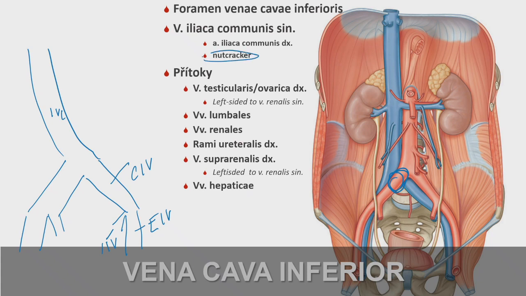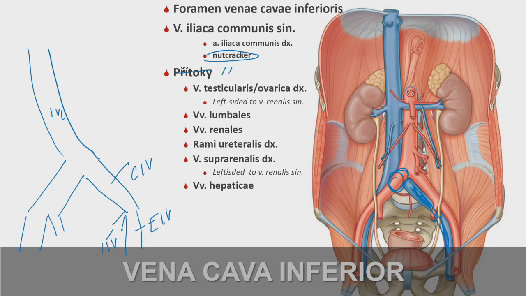And it is called nutcracker syndrome because the vein could be compressed and here thrombosis of the vein could occur. That's not too rare a syndrome because it's compressed and then the patient has a hypercoagulable state after delivery, after some surgery, after some congenital factors. So then thrombosis could occur here, more frequently on the left side.